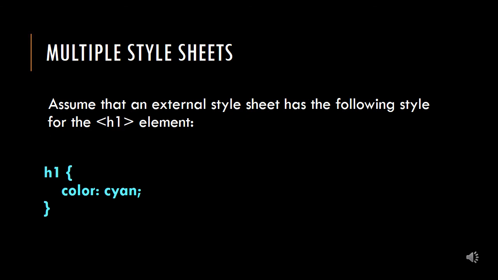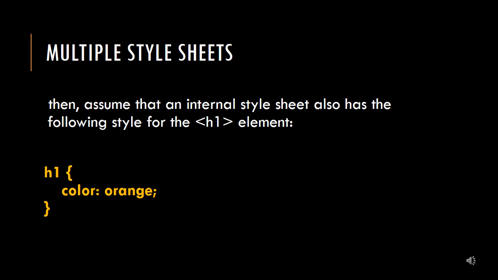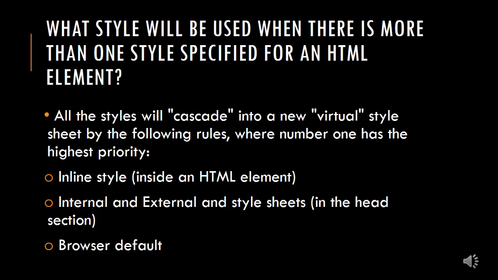Assume that an external style sheet has the following style for the heading 1 element, which is color cyan. Then, assume that an internal style sheet also has the following style for heading 1 element, which is color orange.